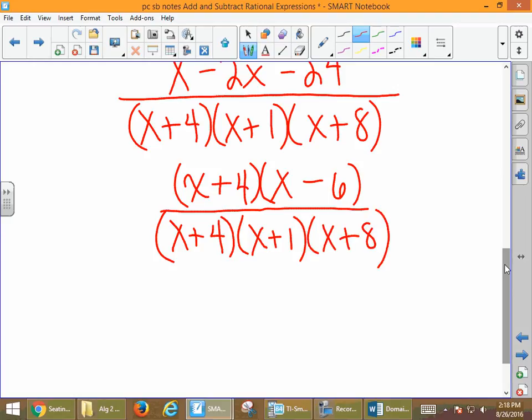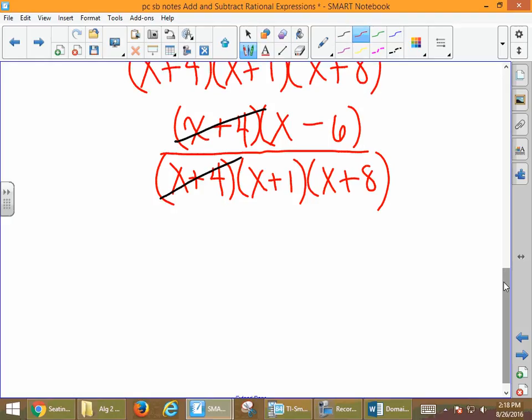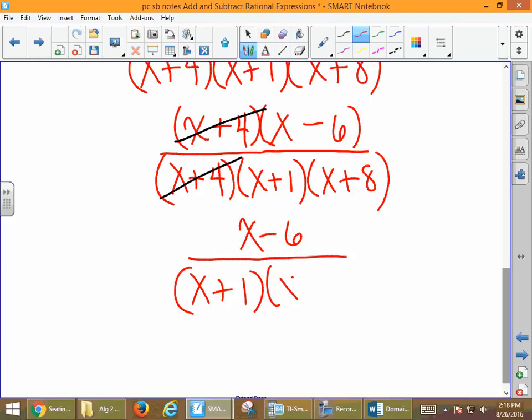And now we're darn close. Do we have anything exactly the same in the top and in the bottom? Got the x plus 4. So we're left with x minus 6 divided by x plus 1 times x plus 8.